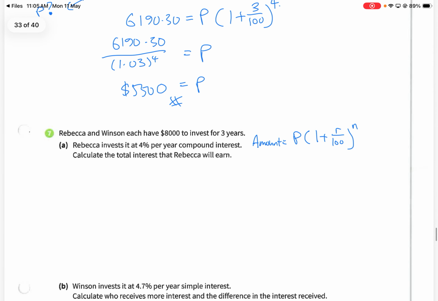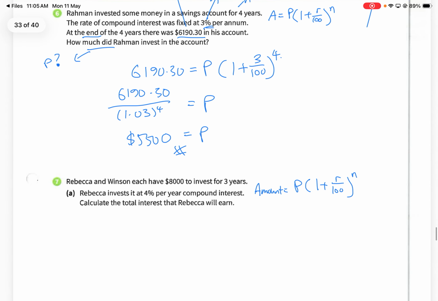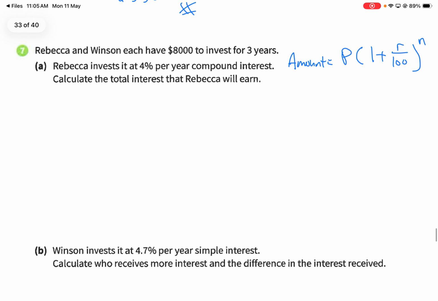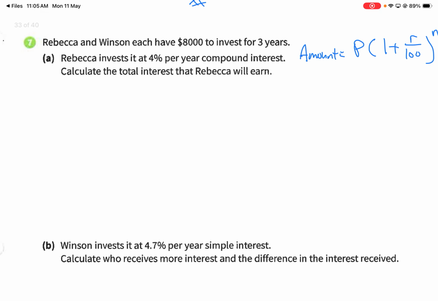Okay? We will be always using this formula again and again. Okay, question 7. Rebecca and Vincent each have 8,000 to invest for 3 years.